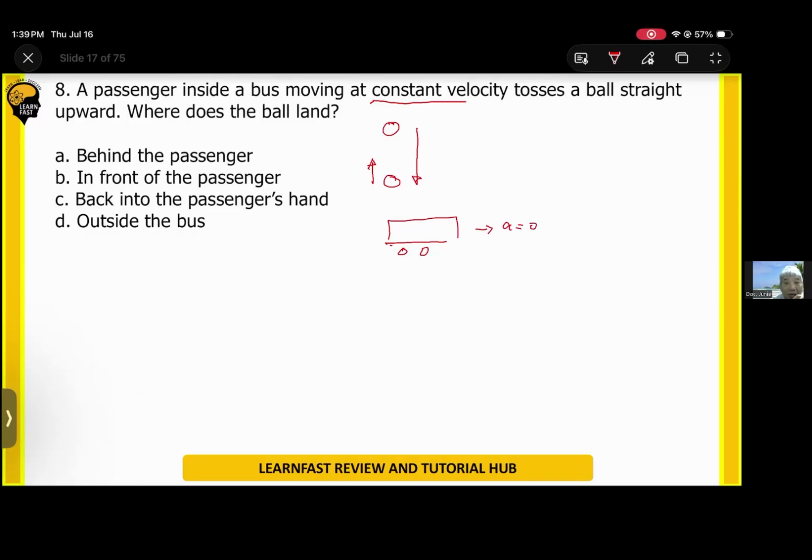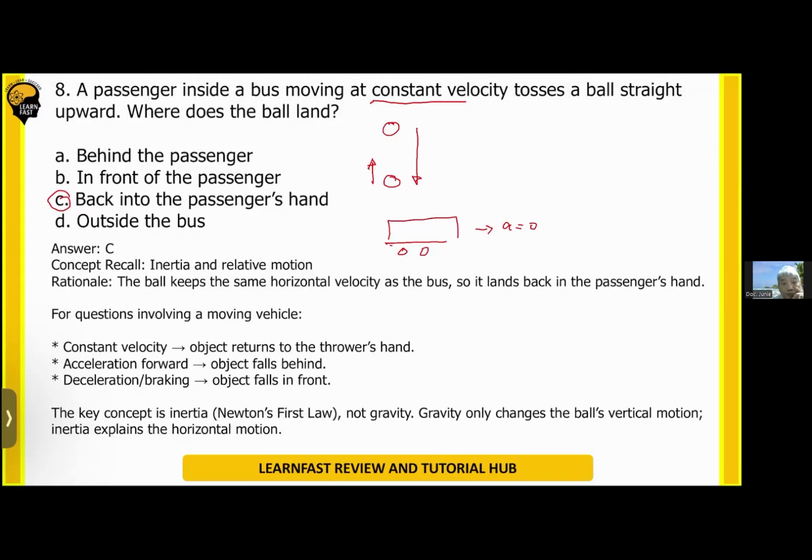Okay. So where do you think the ball will land? So it will land back into the passenger's hand. Okay. Letter C is the answer. Let us explain why. Bakit babalik yung bola sa kamay ng passenger? Okay. So this is about inertia and relative motion. So the ball keeps the same horizontal velocity as the bus.